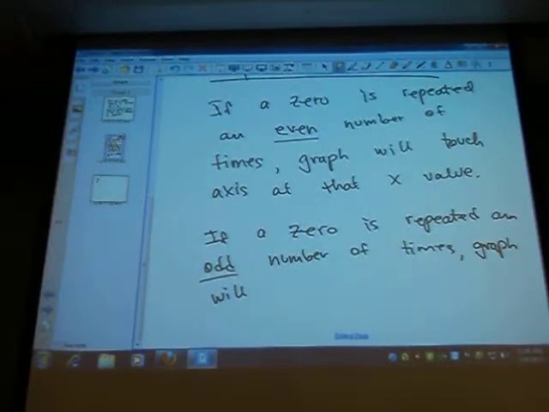Maybe I'm wrong about this too. Not touch the axis, the graph will cross the axis at that x value.